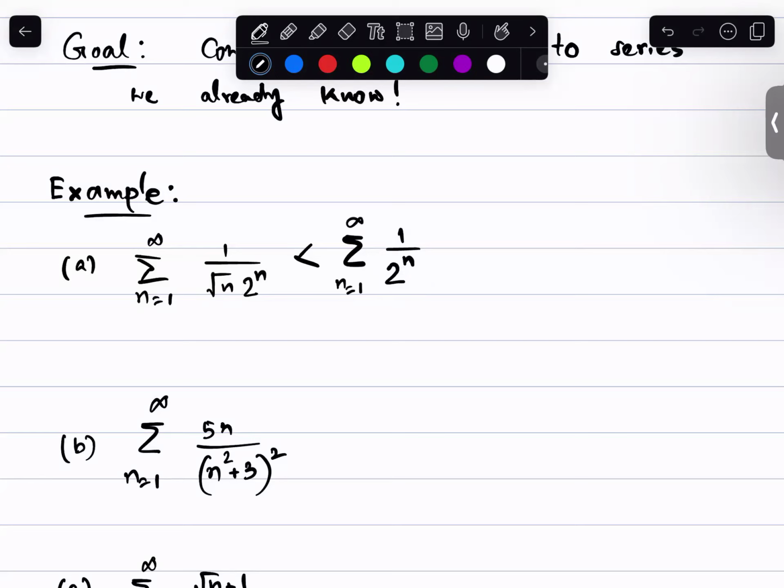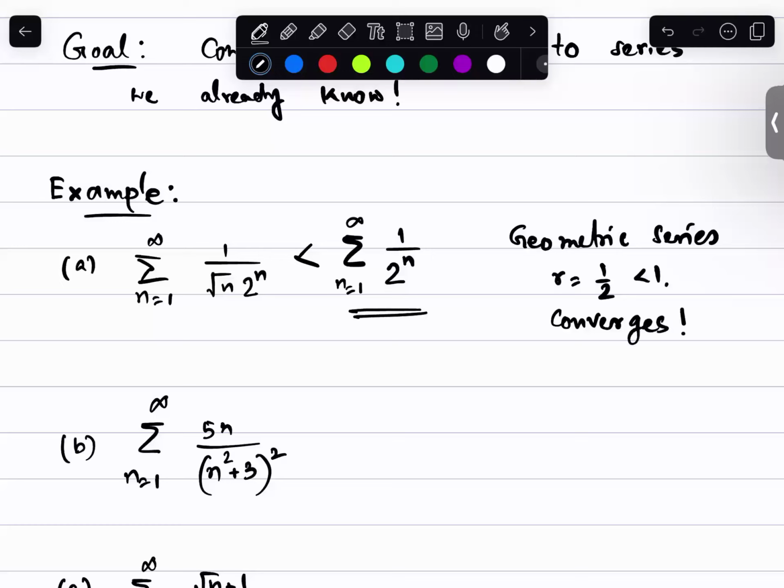And now this right hand side is our known series. This is a geometric series, where my r is just half, which is less than 1. And this geometric series converges, right? Because modulus of r is just half, which is less than 1.